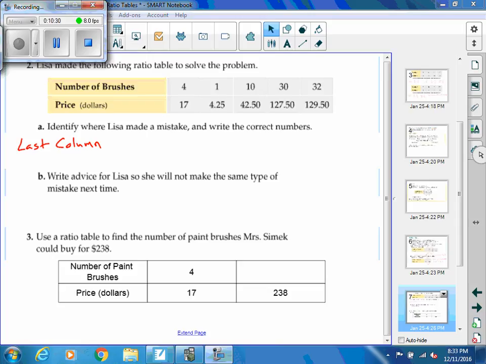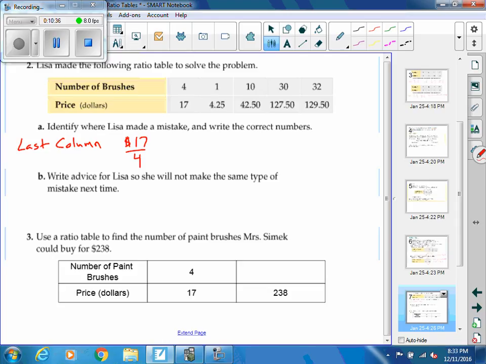So the way we can check that is they told us that it's $17 for 4 brushes. Okay, if you take 17 divided by 4, that comes out to $4.25 for 1 brush. So if I wanted to know how much 32 brushes cost, I would just take that $4.25 times 32.